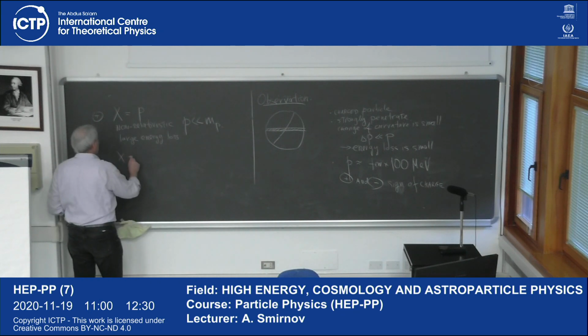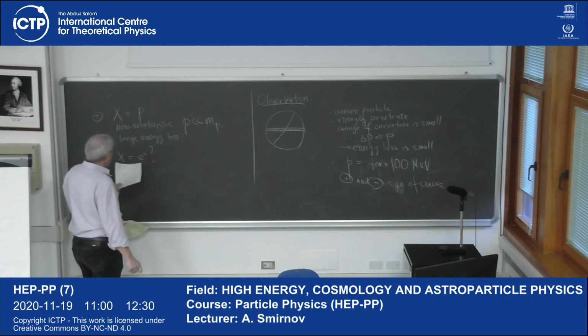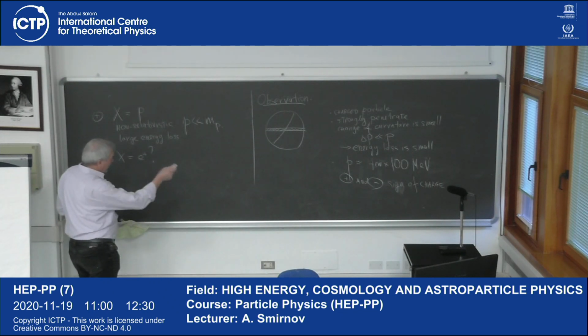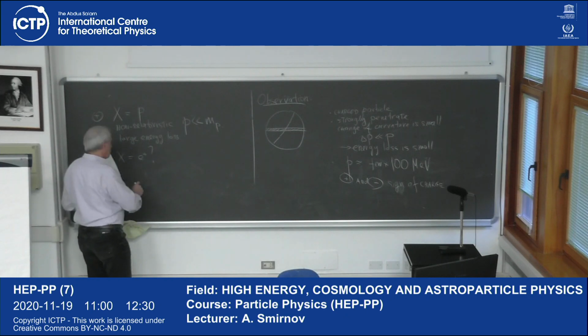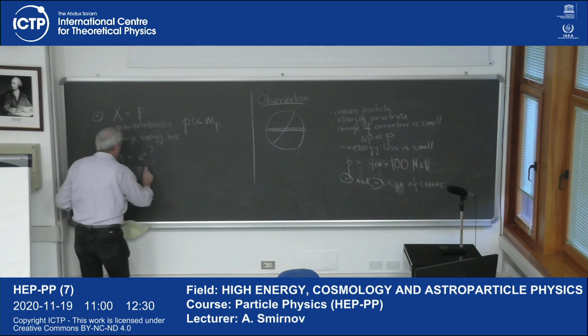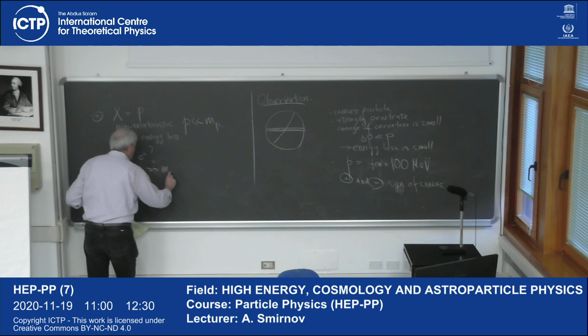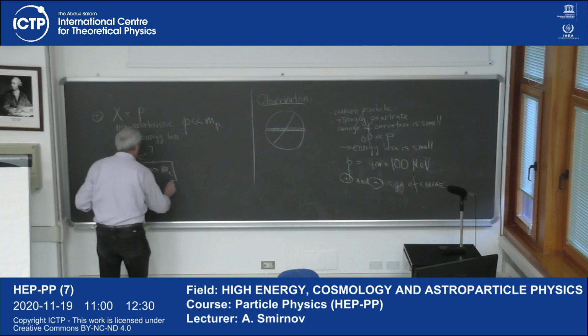The second is X positron. Maybe this is the positron. The positron with these energies is highly relativistic, right? So for positron, P is much bigger than the mass of the positron.